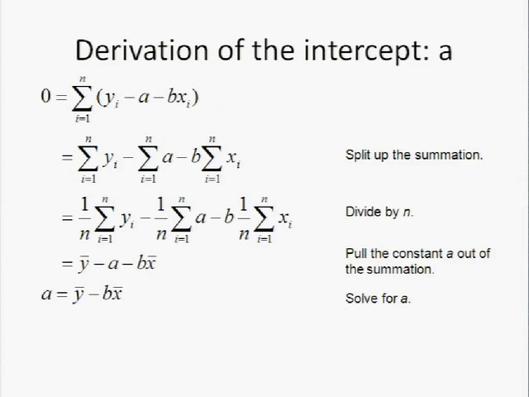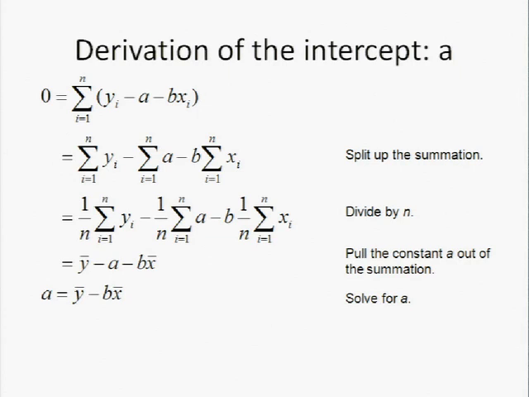I just split up the summation. So I get the sum of yi minus the sum of a, and because b is a constant, I can just pull it out of the summation sign, minus b times the sum of x. And then from the second equation to the third equation, I just divide by n.